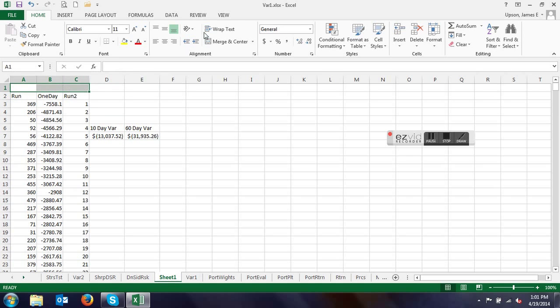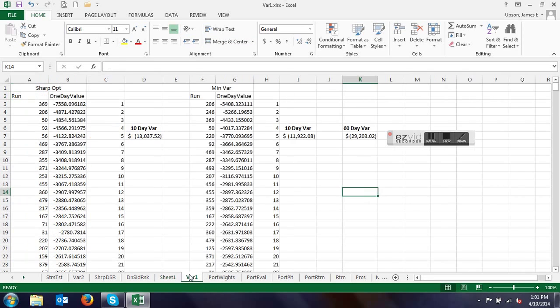Okay, so you'll do this for each of the portfolios. This is the Sharp Optimal. If you highlight those, you merge text and go to Sharp Opt. And then you'll do the same thing again for the minimum variance portfolio. So this is what we're looking for: our 10-day value at risk, and our 60-day value at risk. You'll need to do the 60 days for both portfolios.